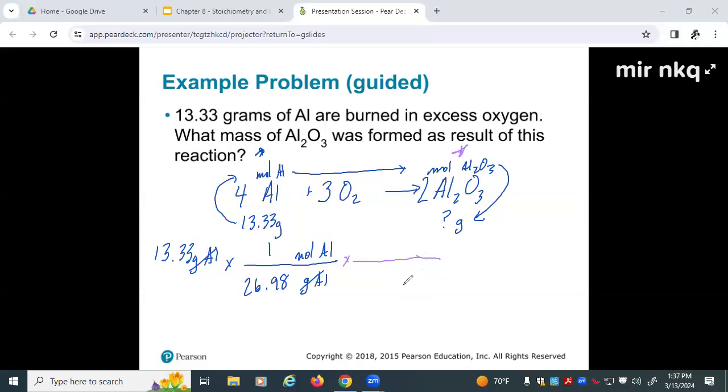My next step would be to turn the moles of aluminum into moles of aluminum oxide. So where do I get the information to turn those into each other? Where do I get my numbers to turn one thing into another?